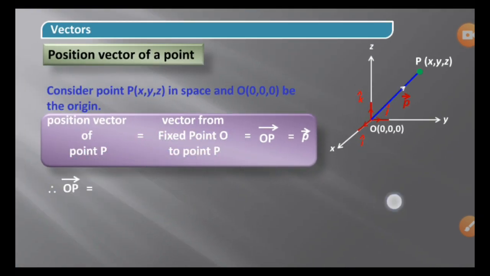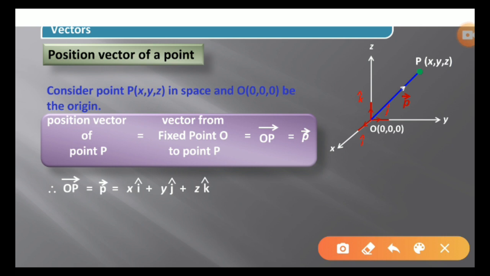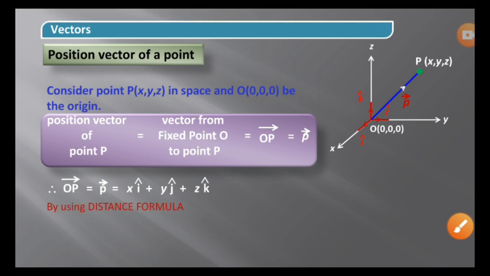Therefore, OP vector is equal to small p vector, and the position vector will be written as xi plus yj plus zk, because here we are writing the position vector of the point P by using the coordinates of the point P. By using the distance formula, we can also find the magnitude of the vector OP.